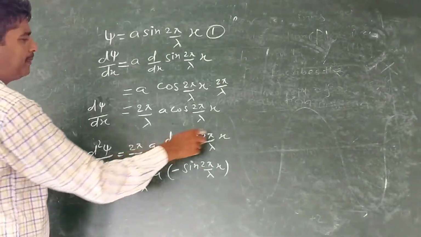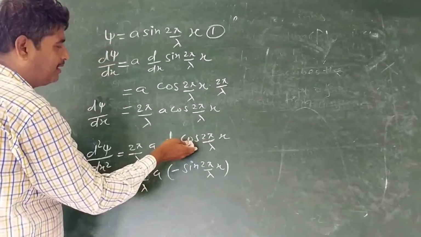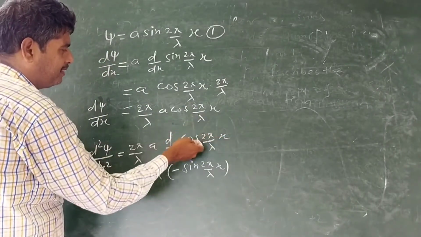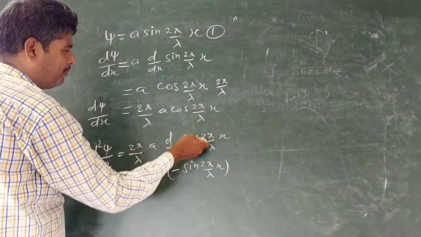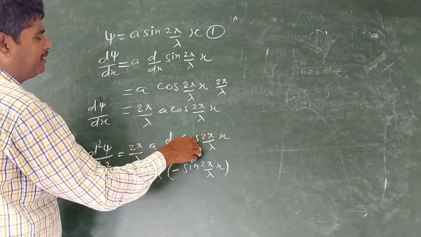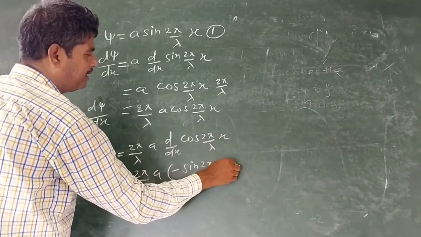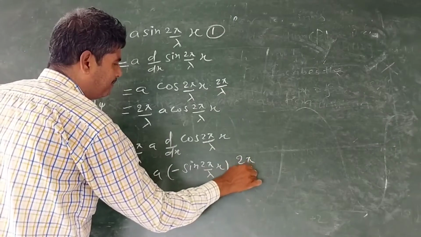Further differentiation of the angle 2 pi by lambda x gives 2 pi by lambda.